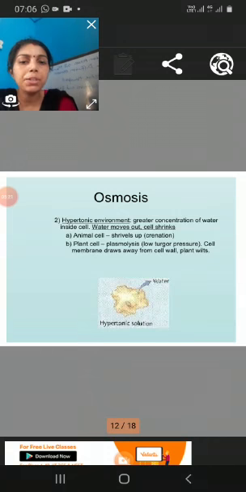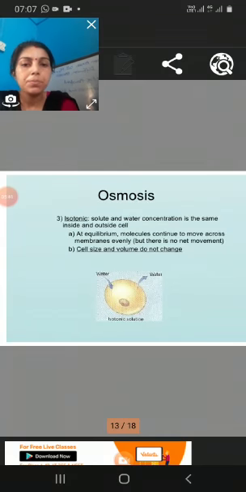In hypertonic environment, that is, if the concentration of the water outside the cell is lesser than inside, then what happens? Water comes outside of the cell and it shrinks. This is called exosmosis when we place the cell in the hypertonic solution.